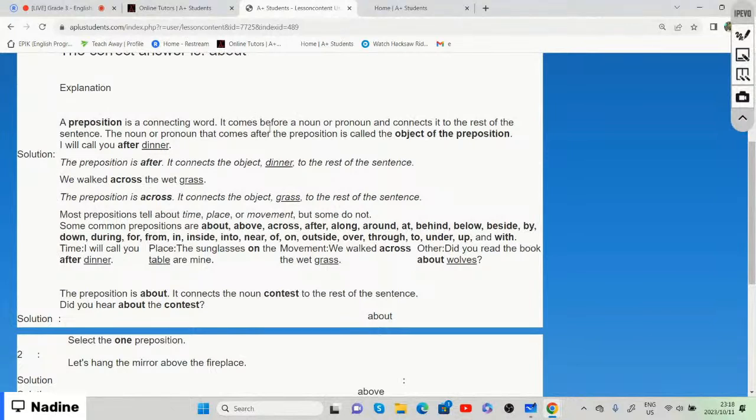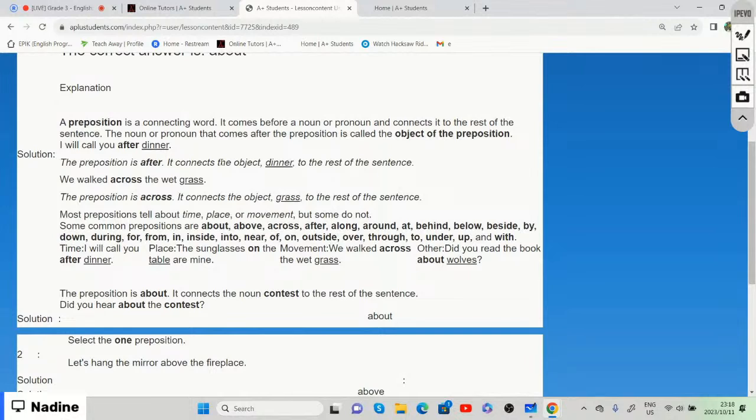So after dinner is like asking, when will you call me? I will call you after dinner. After tells us when. It tells us time. So the word after is our preposition and dinner is our object of preposition.